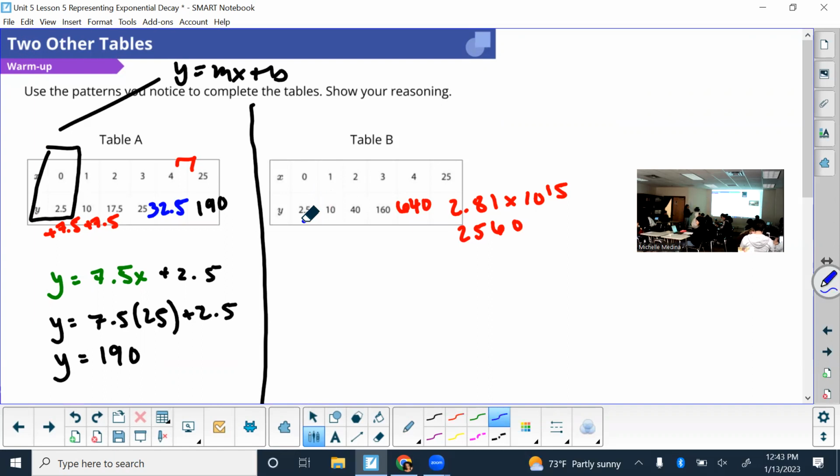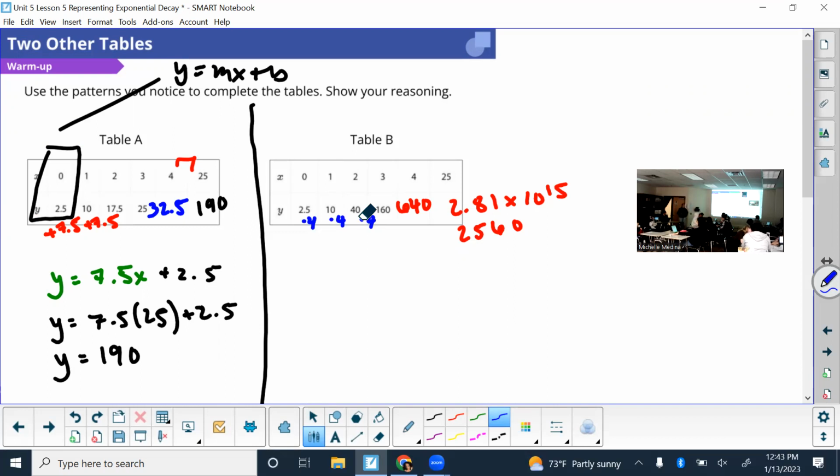In one of my classes today, it was really hard to see that, and I get it. You're like, how else can I get from 2.5 to 10 other than by adding 7.5? Like you couldn't comprehend. But if that's not the pattern, because clearly it's not adding 7.5 each time over here, try seeing what else it could be. So it's probably multiplying by something.